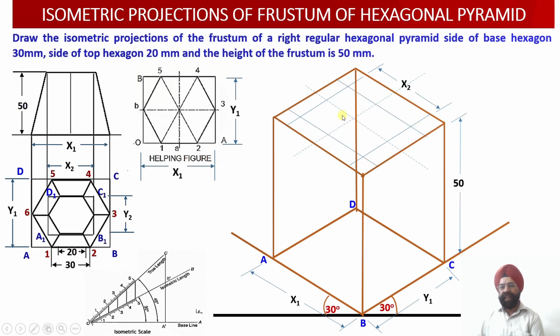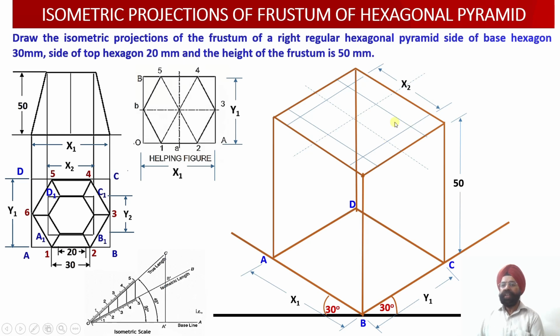Similarly, on the other side, again using this center line, I have marked the distance of this projection line equal to y2 divided by 2. Similarly, the offset on the other side will be y2 divided by 2. So this way I have been able to obtain a smaller rectangle corresponding to the top portion of the frustum of this hexagonal pyramid, and the dimensions of this rectangle are x2 over here and y2 over here.